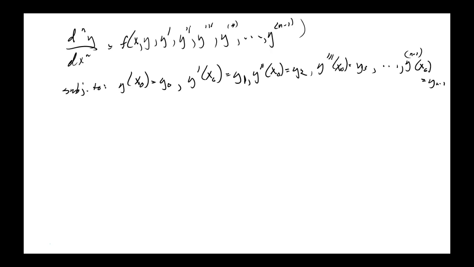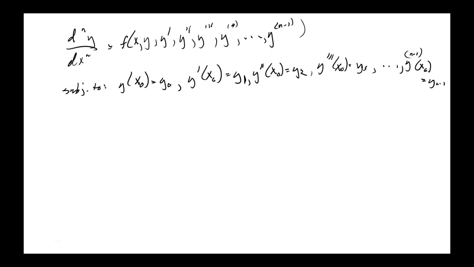They borrow that term and use it for any known condition. At some value x0, you know what all the values are: the first derivative, second derivative, the y value, everything, at that specific value. So it's not necessarily an initial value, it's some given value.